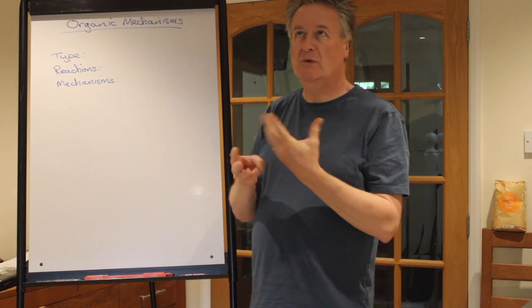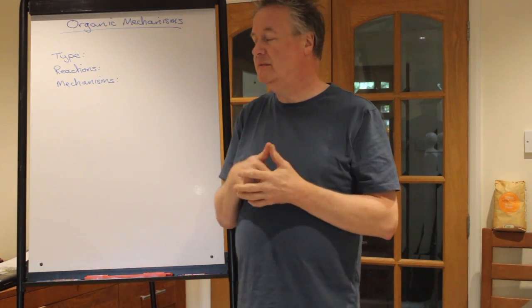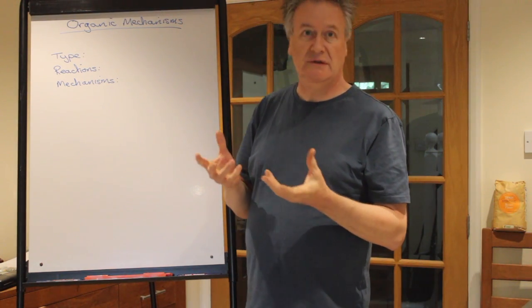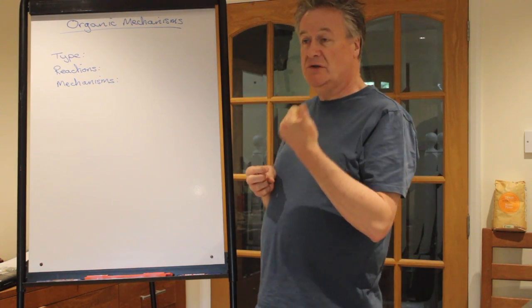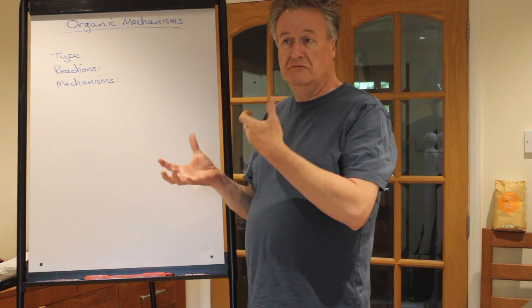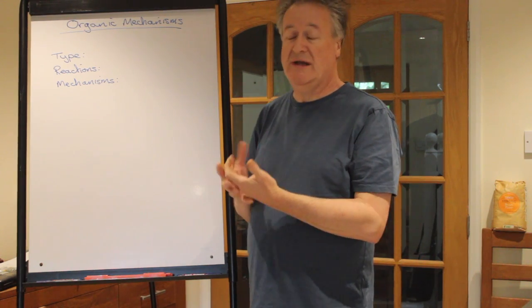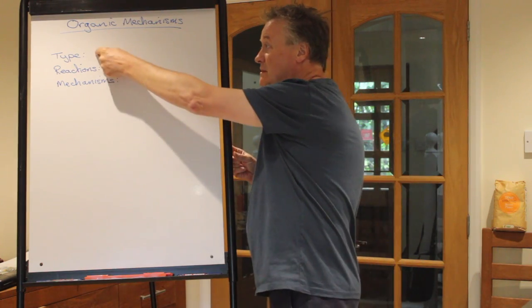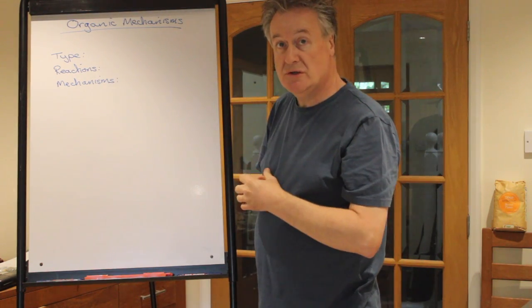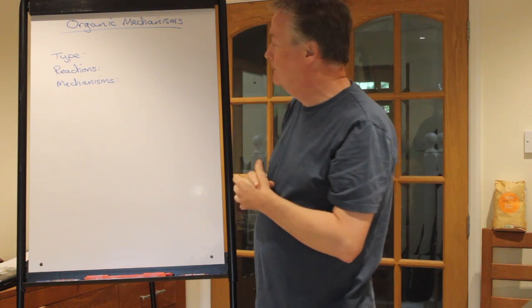To me, in organic chemistry there are three things you need to be able to do successfully. First is the type of chemical you've got and therefore the name that it has. That's the first one, type, which includes naming.